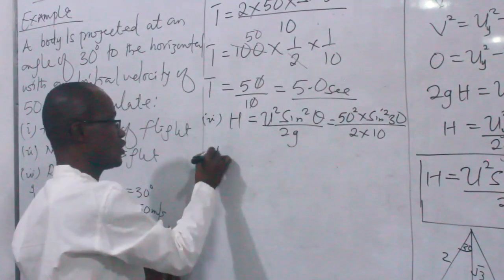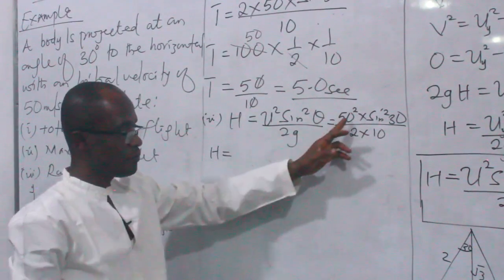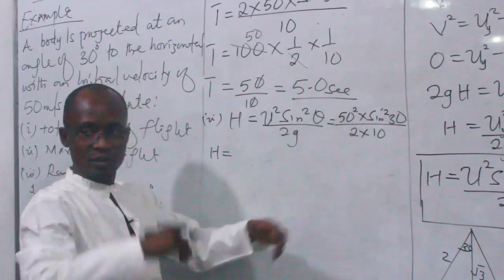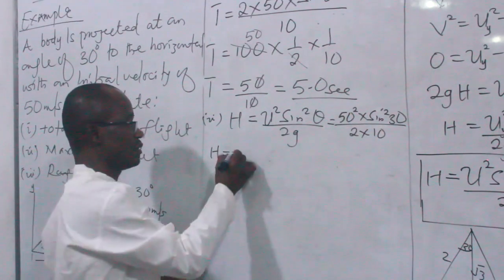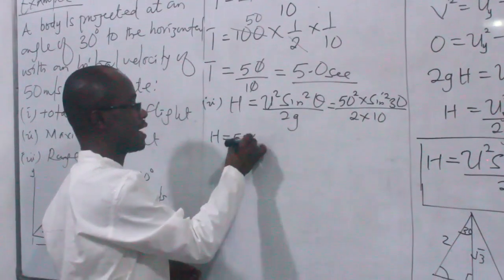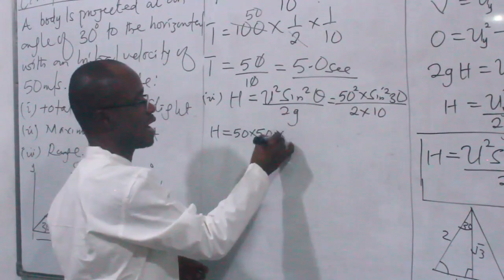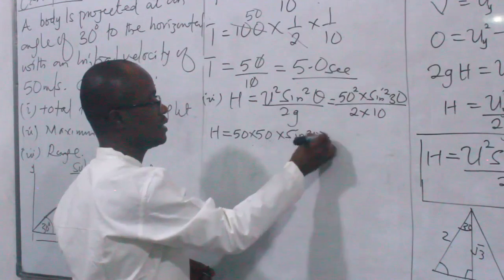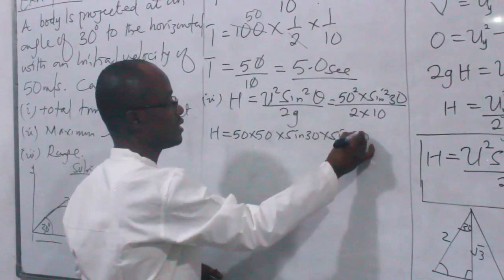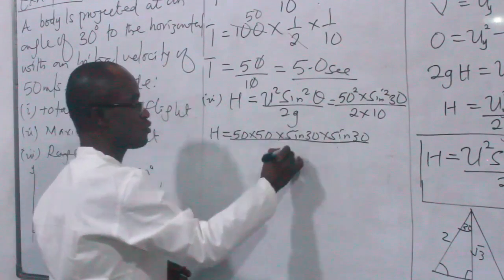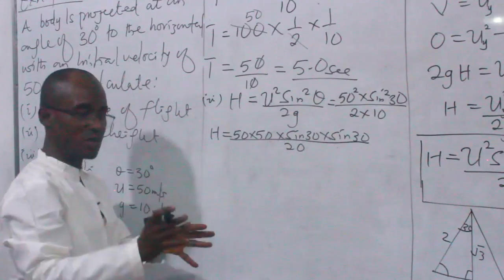So we have that h will be equal to 50 squared. That is 50 times 50. We have 50 times 50, then times sine 30 times sine 30, all divided by 20 to break it down to the lowest level.